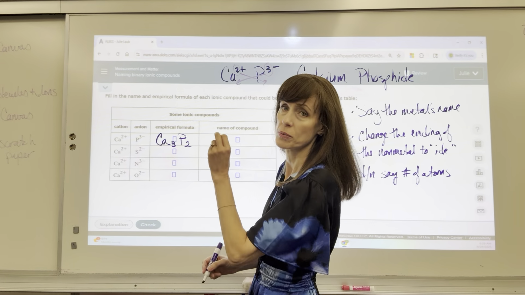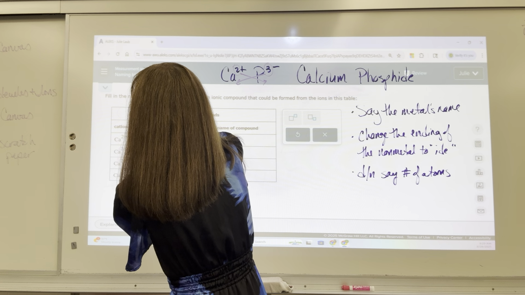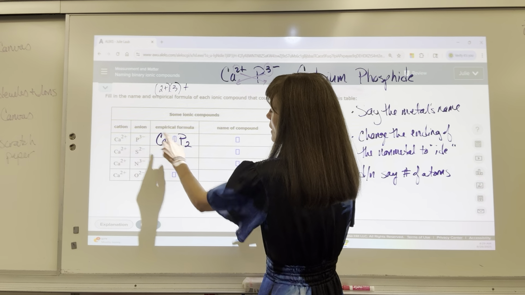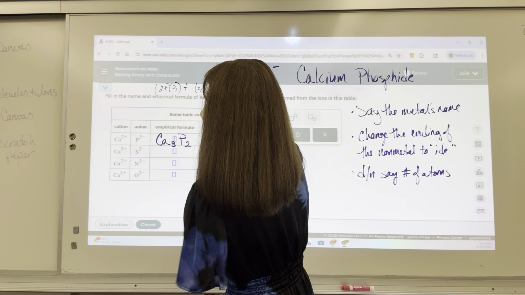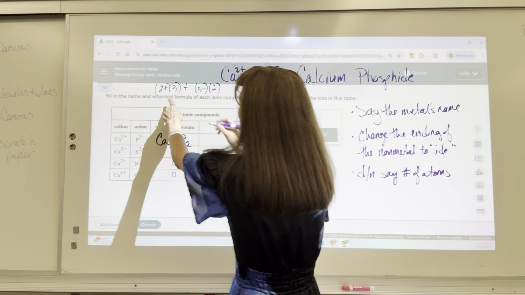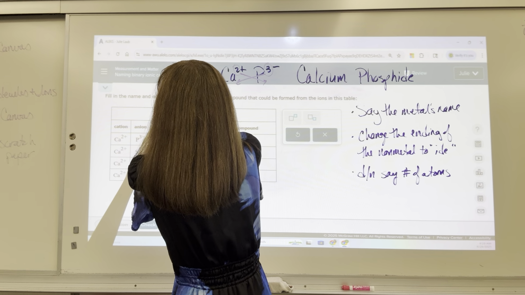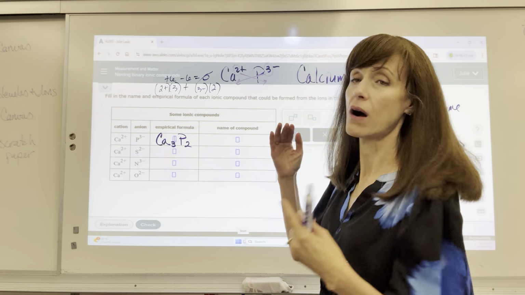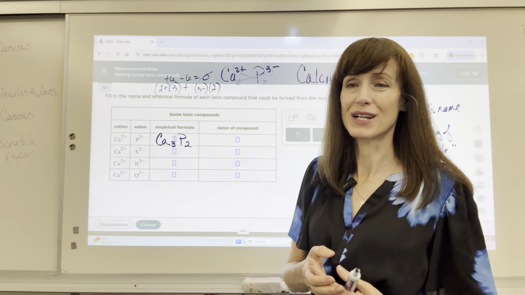Calcium is a 2 plus, so I'm going to do plus 2 times 3 of those, plus phosphorus is the 3 minus, times 2 of those. Look at that. We have a positive 6, a negative 6, which is a net zero charge. This trick will always work so that you get that net zero charge.